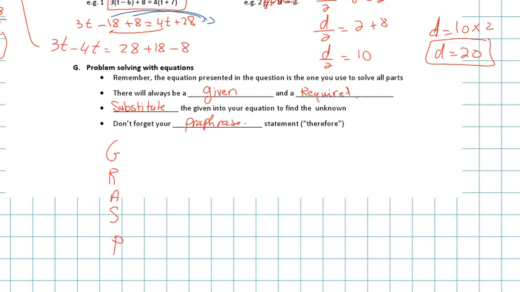So the formula is d equals vt plus 1/2 at squared. What does d represent? Distance. What does v represent? Starting speed, in meters per second.